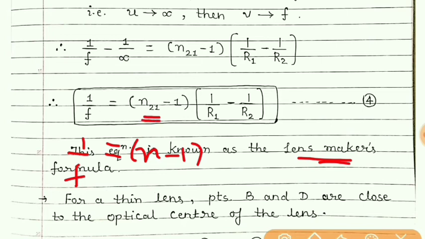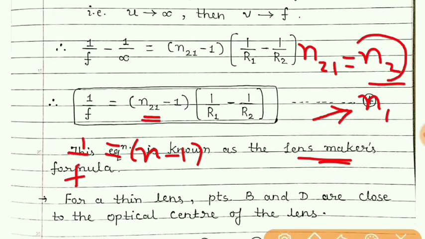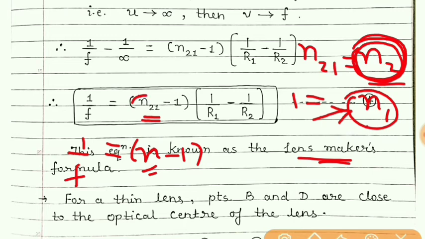No need to write n21, because n21 means it is n2 upon n1, where n1 is the refractive index of air and this n2 is the refractive index of glass. But we know that refractive index of air is equal to 1 only, so no need to write. So there is only one n, and that n is for the glass only. So simply we can write n when it is a glass air interface.